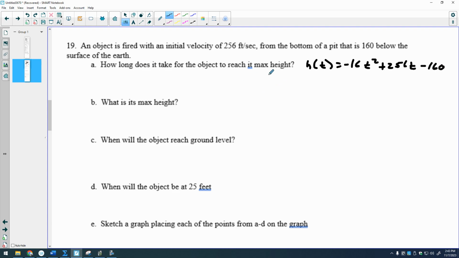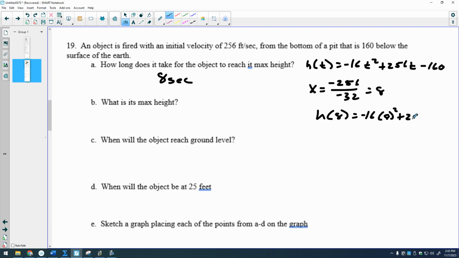How long does it take for the object to reach its max height? Max height, x equals negative b over 2a. Negative 256 over 2 times negative 32, and my answer comes out to be 8. How long does it take to reach max height? 8 seconds. What is its max height?